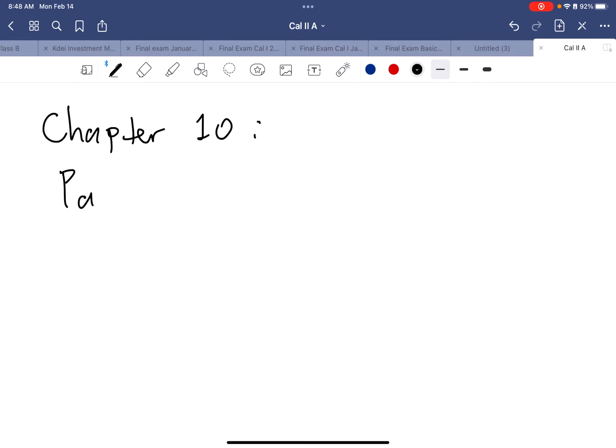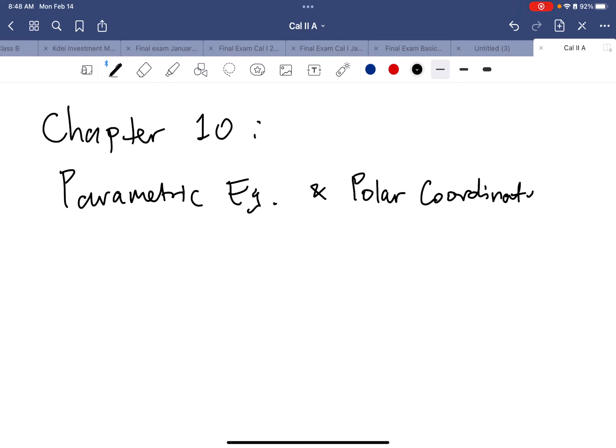We call the parametric equations and polar coordinates.